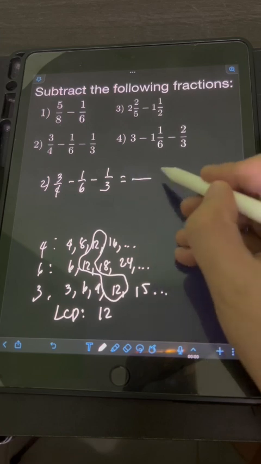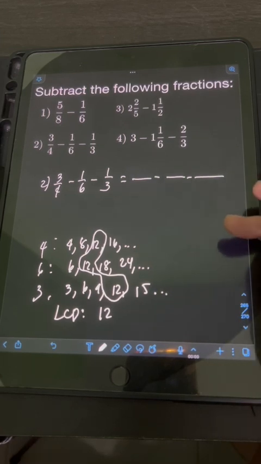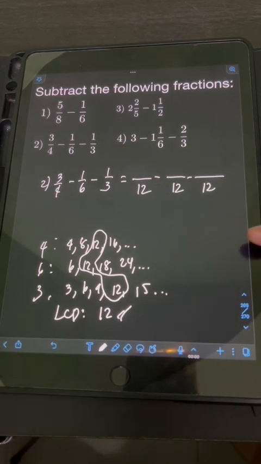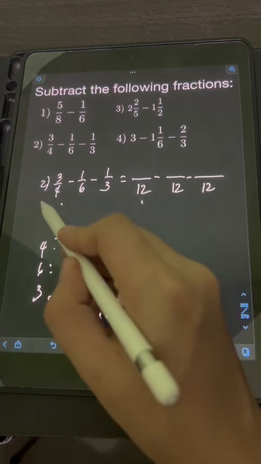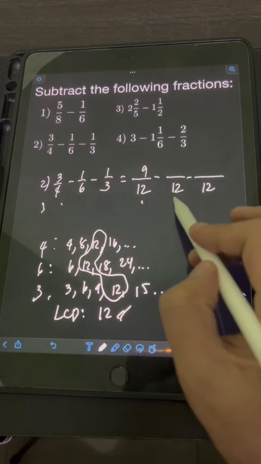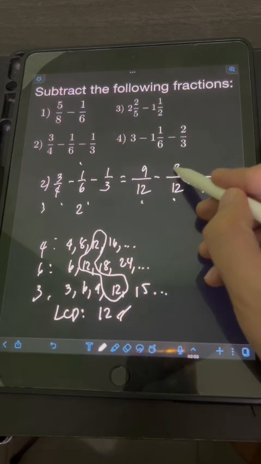So we transform these three fractions into similar fractions having the new denominator of the LCD 12. For 3/4, 12 divided by 4, that's 3. Times 3, 9. For 1/6, 12 divided by 6, that's 2. Times 1, 2.